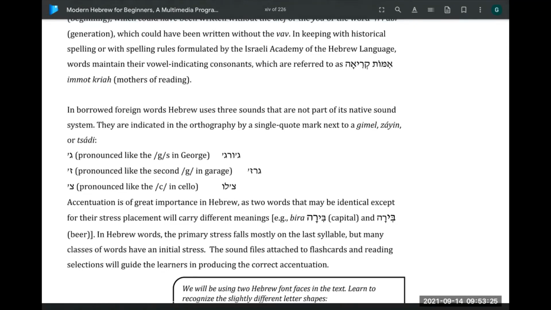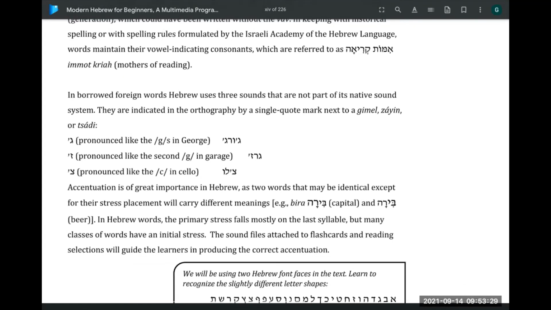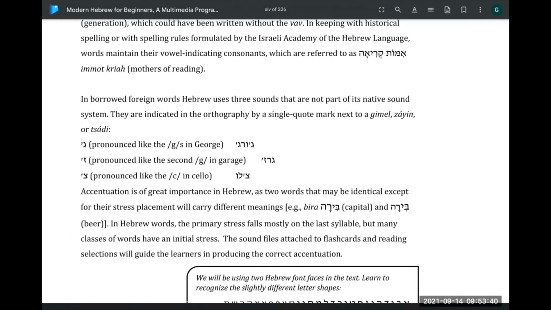In keeping with historical spelling or the spelling rules formulated by the Israeli Academy of the Hebrew Language, words maintain their vowel-indicating consonants, which are referred to as imot ha-kriah. Okay, imot ha-kriah. Mothers of reading.